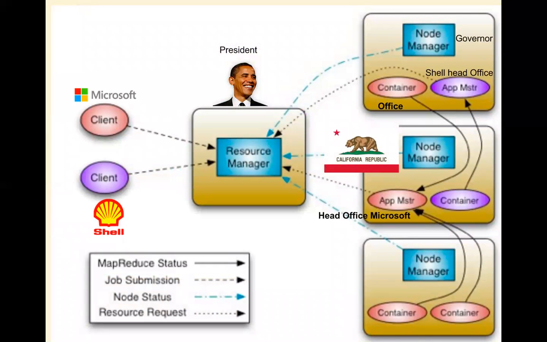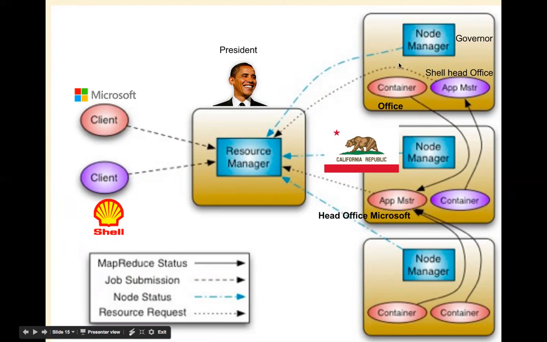All right. A better example to understand the whole process would be to think of the client as Microsoft or any other organization such as Shell. Please pay attention. Imagine that the whole YARN is like a country, and the resource manager is like the president. Then there are states. Every node is represented like a state. Here there are three states: state 1, 2, and 3, right?